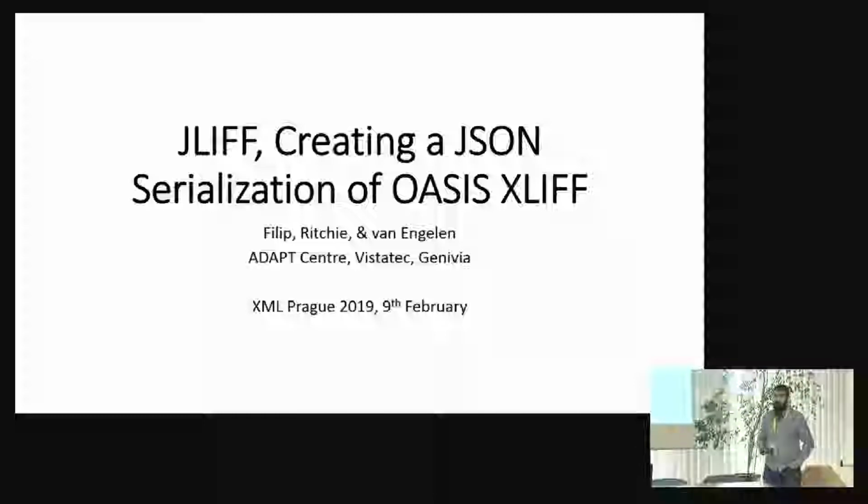JSON is popular, so JLIFF is the first obvious target. There were people experimenting with other things like protobufLIFF, with some prototypes, but not seriously pursued. So this is about JLIFF.